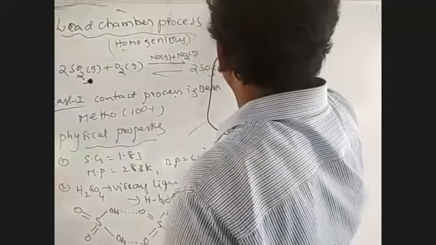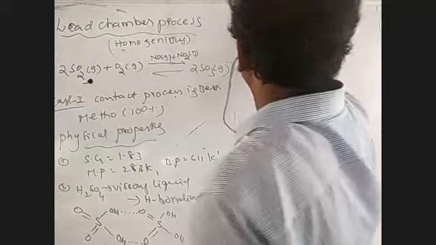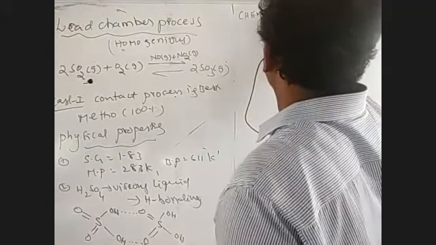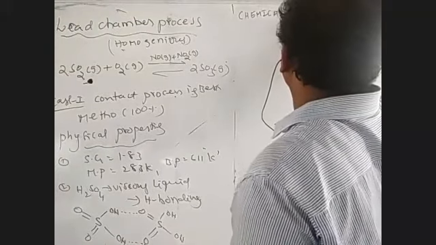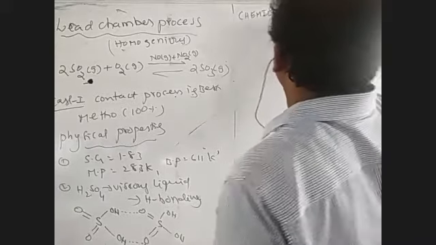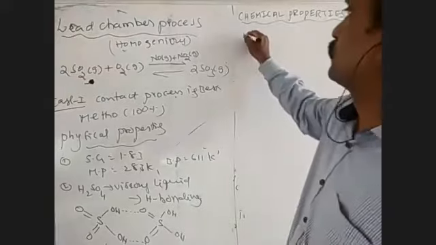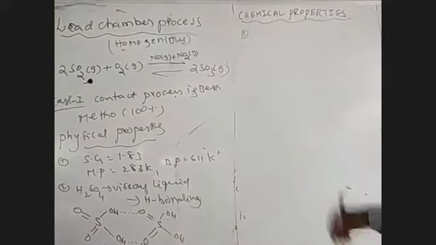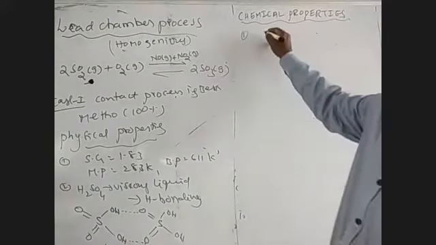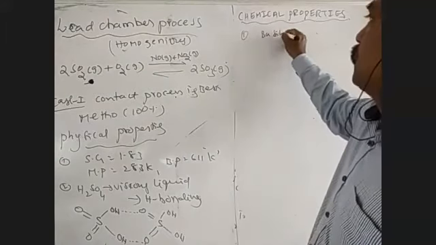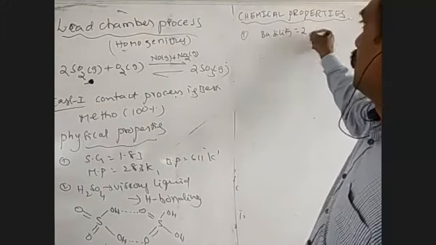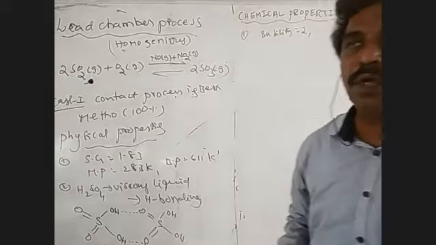Next, the chemical properties of H2SO4. Here, the basicity of this acid is equal to 2. Basicity 2 means it has two ionizable hydrogens.